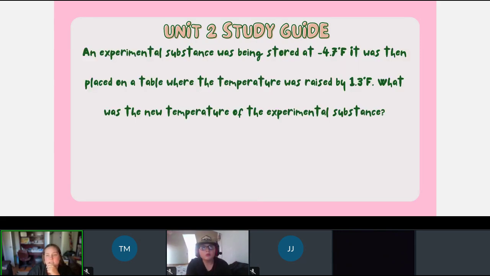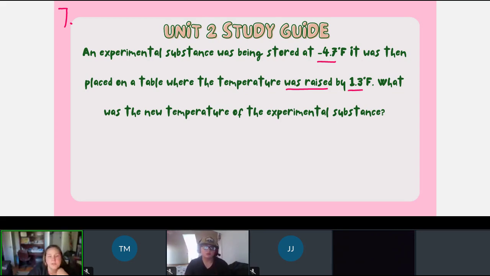All right, let's go to the next slide. This is going to be number 7. And it says we've got a word problem. An experimental substance was being stored at negative 4.7. Y'all underline that number. It was then placed on a table where the temperature was raised by 1.3 degrees Fahrenheit.